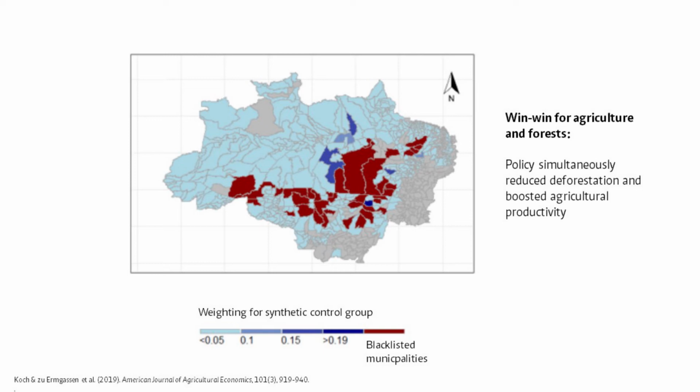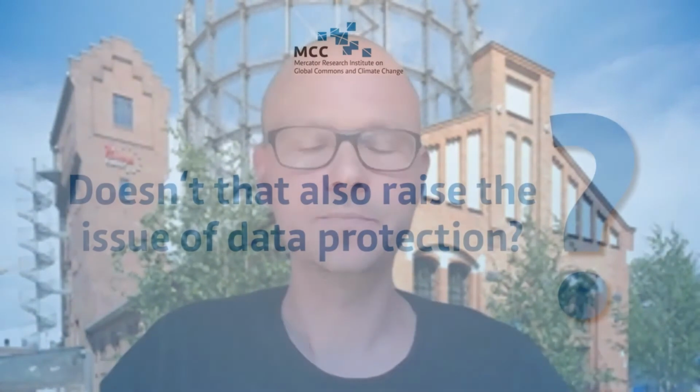And this inconsistency in the selection allowed us to build what we call a synthetic counterfactual using the other bluish non-blacklisted municipalities on the map. And what we find in that study is basically a win-win result for agriculture and forest. The policy simultaneously reduced deforestation and it boosted agricultural productivity, so it had economic benefits as well.